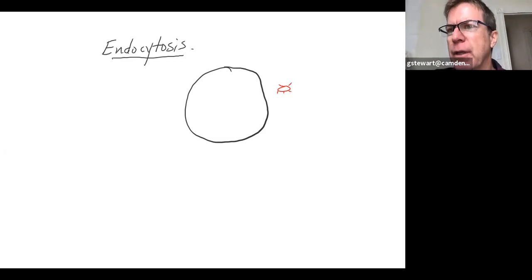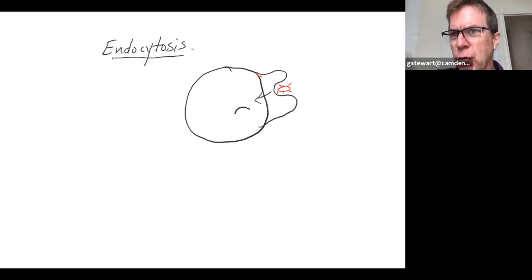That means literally engulf them like this, and then take them into what's called a vesicle. So endocytose just means to take within a cell.